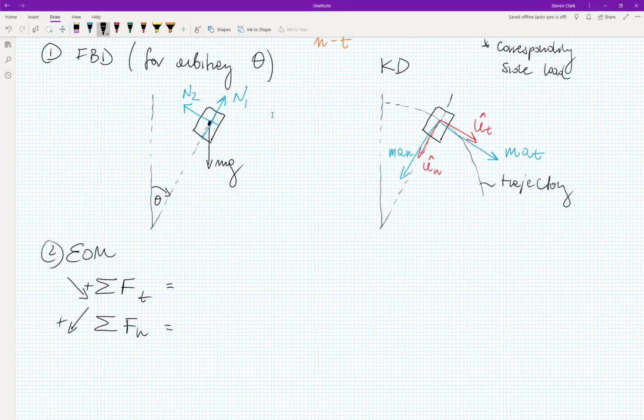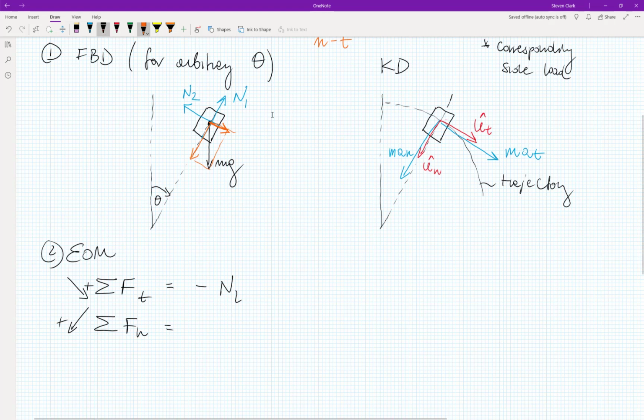So what do we have in the t direction? Definitely we have N2. By the way, N2 is that side load. N2 is what they asked us in part B. This is the side load. N2, and I think that there is also one component of mg acting in the t direction, right? Okay, I have these two components.